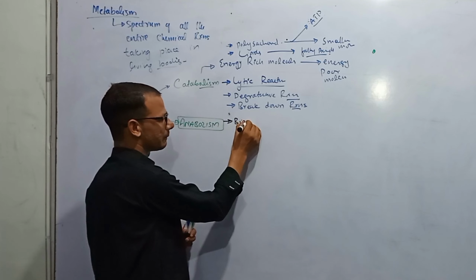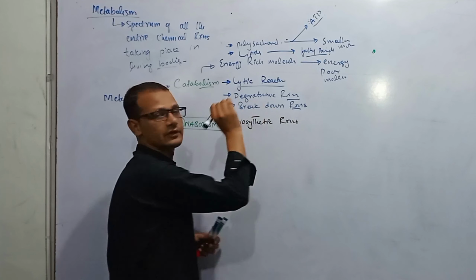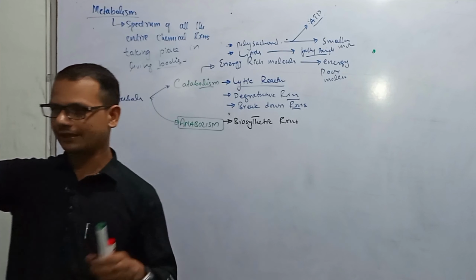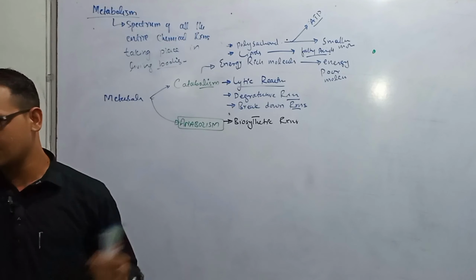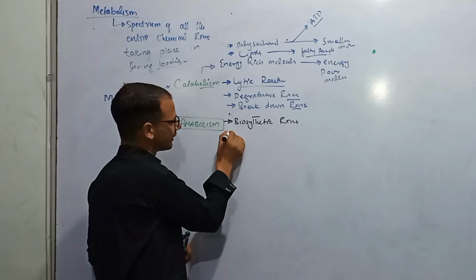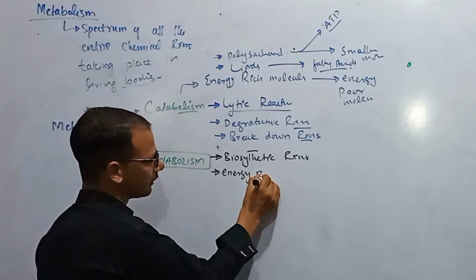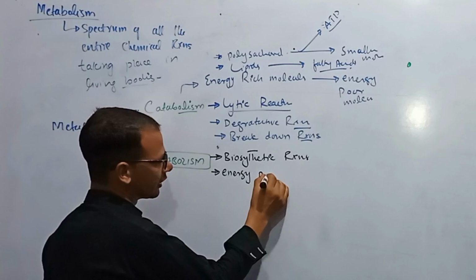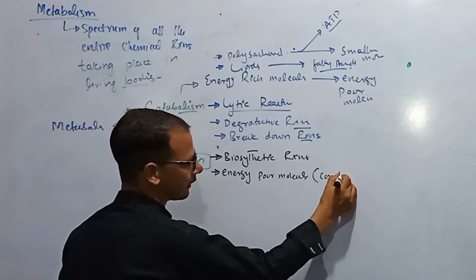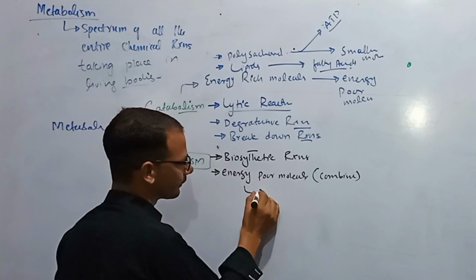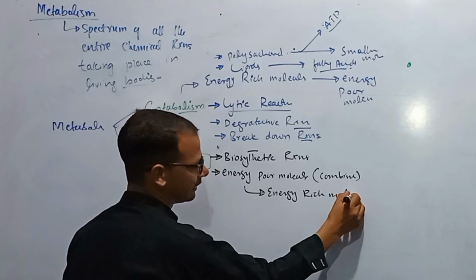Biosynthetic means the biomolecules will be formed from smaller molecules, or we can define this, for example, when energy poor molecules combine and form energy rich molecules. Energy will be stored.